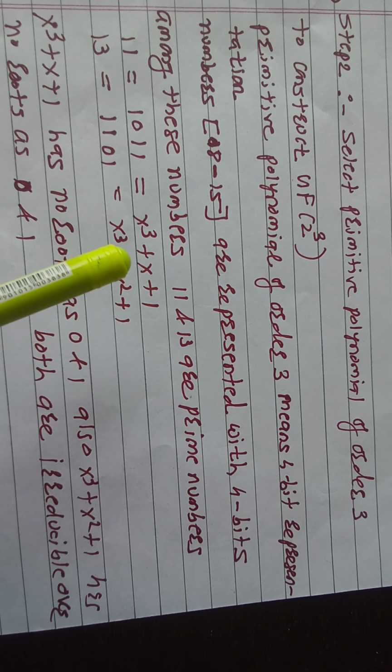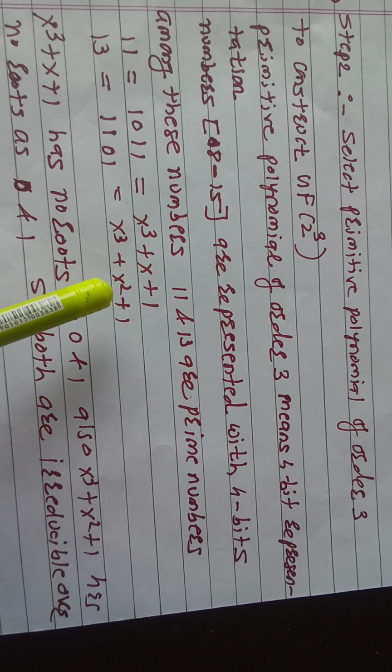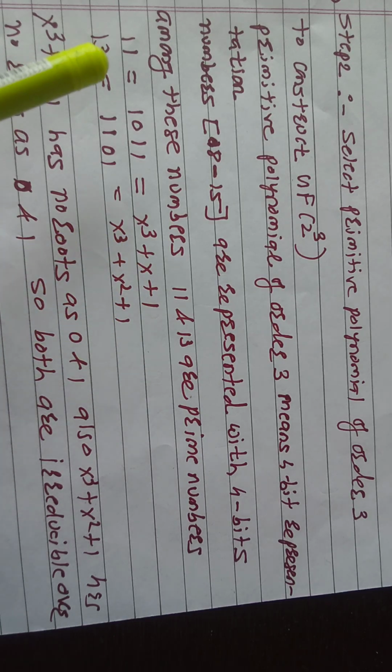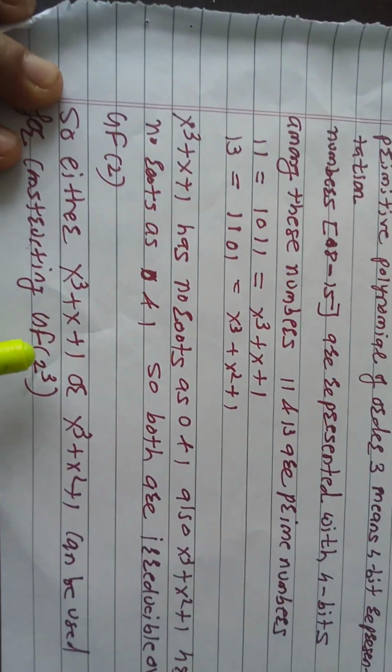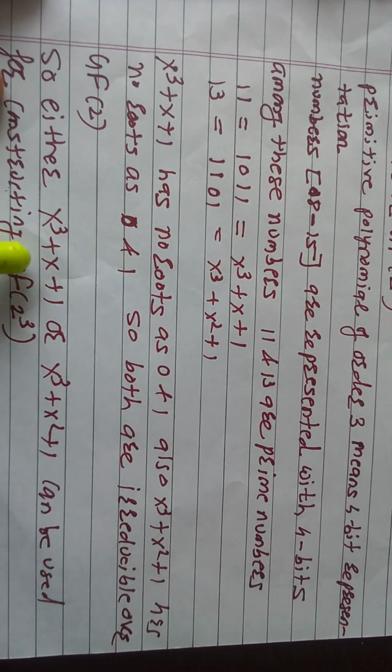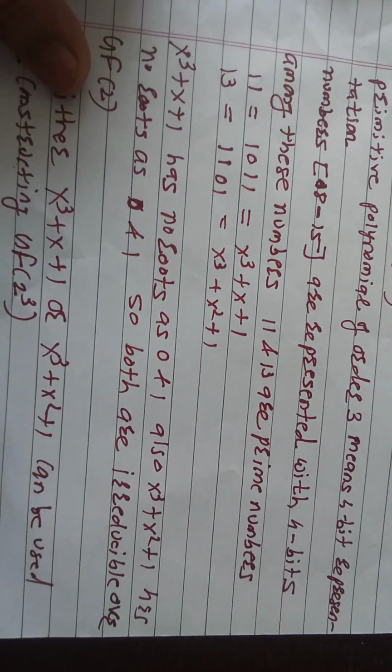Such polynomials which are formed from the prime numbers and irreducible over Galois field 2 can be selected as primitive polynomial. So this is the criteria. Either of them can be used to construct Galois field 2 raised to 3.